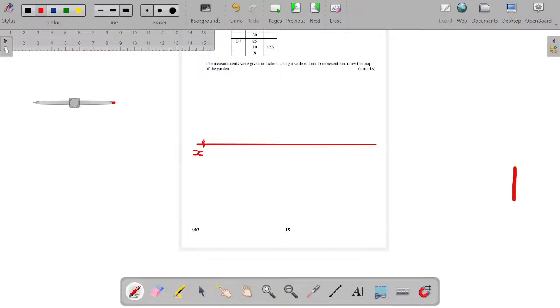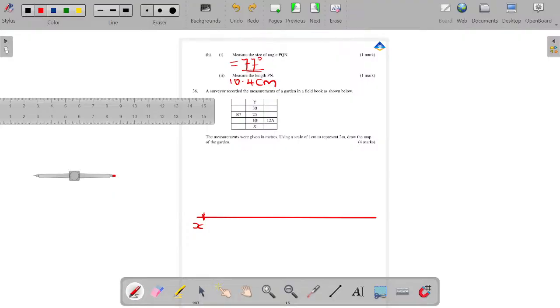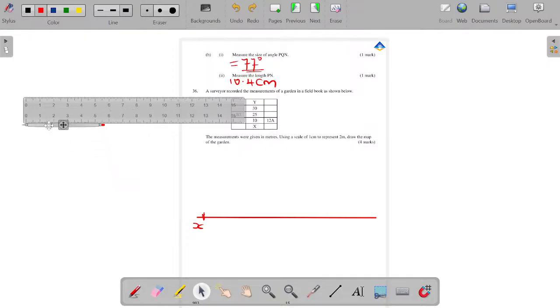Then from my point X, I have to move 10 meters. 10 meters, that's like into 5 centimeters. Let me measure 5 centimeters from my ruler. I need to get 5 centimeters like that.